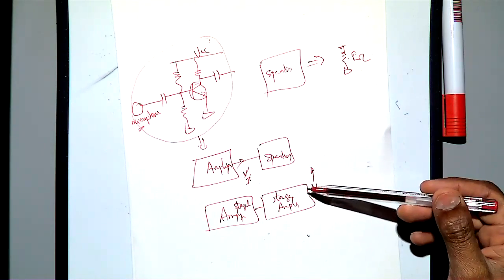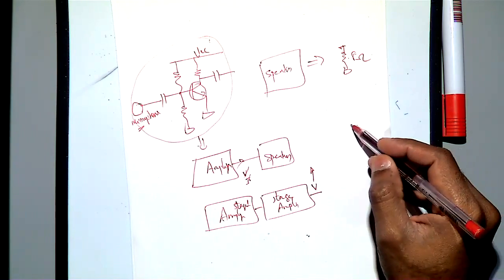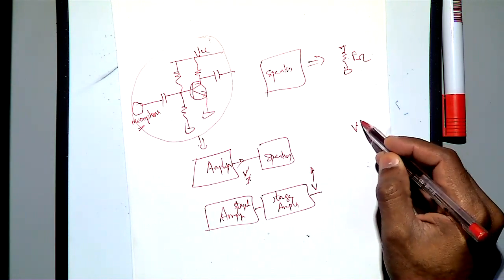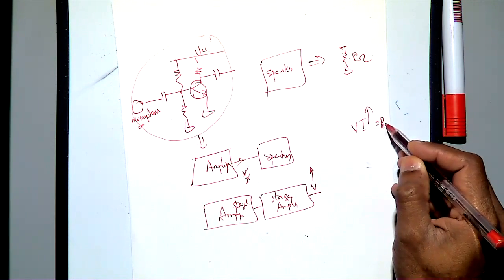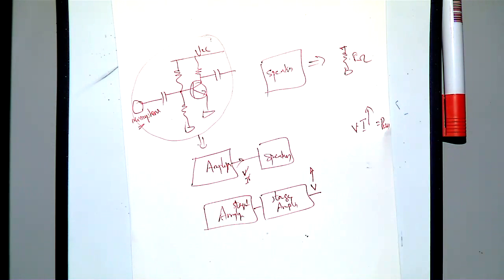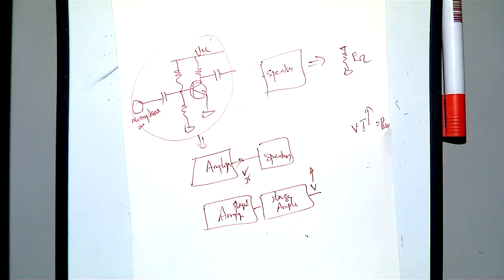So you need something to boost your current. But when you are boosting the current, you got the voltage, you are boosting the current, then you are boosting the power. So that's the reason power amplifier is towards the end of the stage. That is mostly connected just before the load. That is for boosting the power.